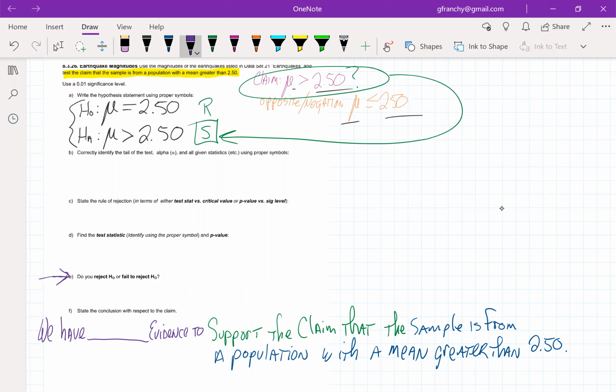So moving back to part B, this is going to be a right tail test because our inequality in the alternate is pointing to the right. Our significance level is alpha. Again, that's at 0.01.